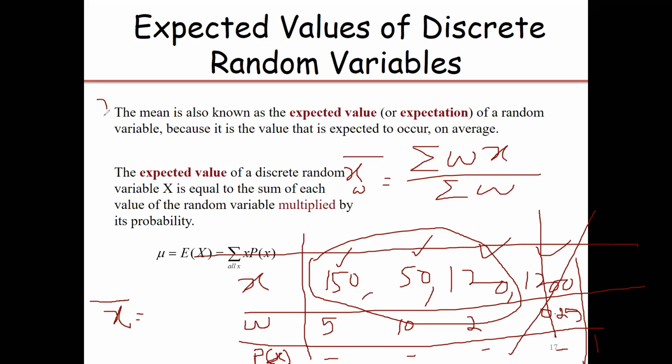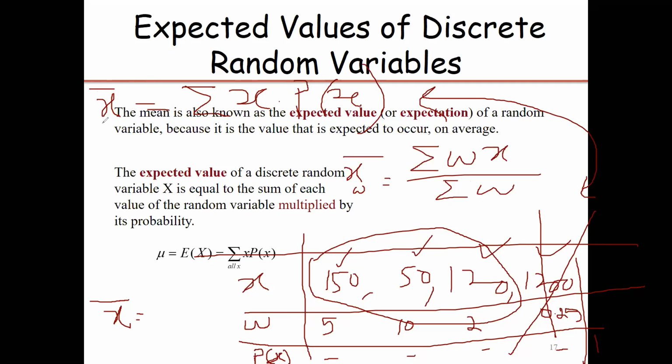Now the mean can be computed as the summation of x times px divided by the summation of px, which will be 1. I think this formula and the previous formula are identical, but why is there no sum of all px in the denominator here? Because the sum of all px will always be equal to 1. So the weights are converted into probabilities, and the sum of these probabilities will be equal to 1.